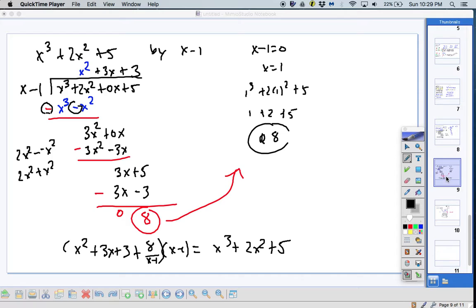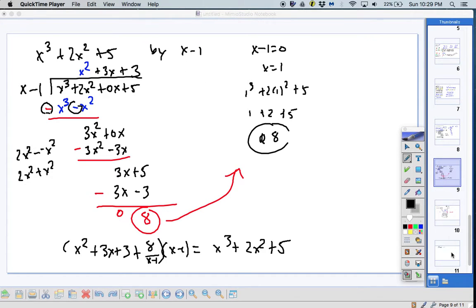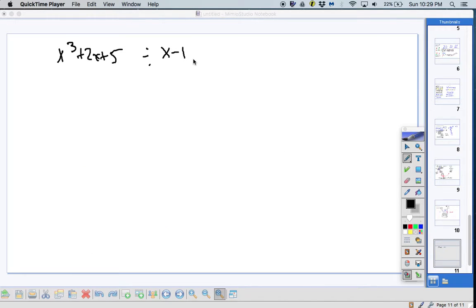I'm going to do the same one that I did over here. So here we did x to the third plus 2x plus 5. So let's do it again. We have x to the third plus 2x plus 5, and we divided it by, I think it was x minus 1 this time. Okay, so x minus 1. All right, so we have to figure out what the number on the outside is.